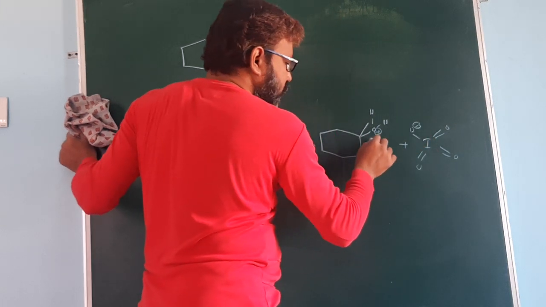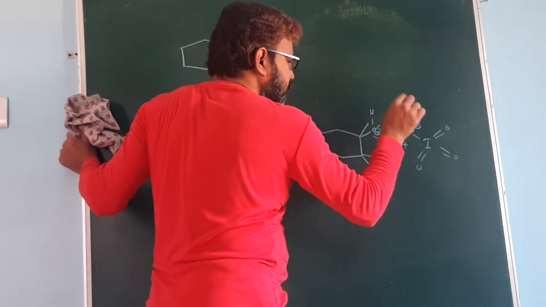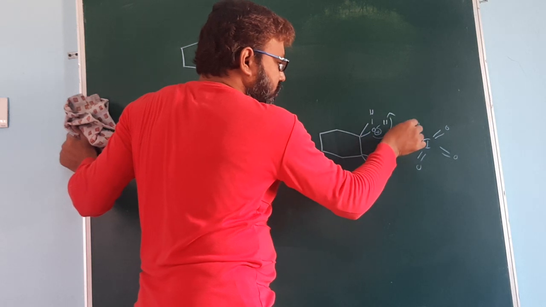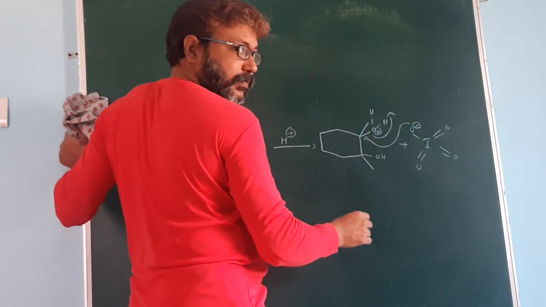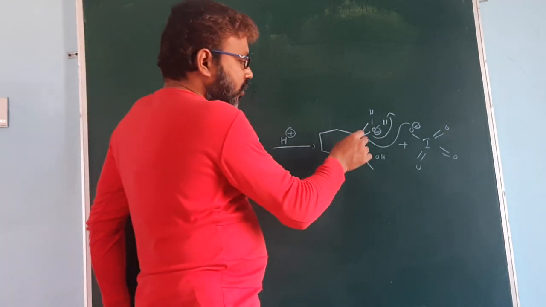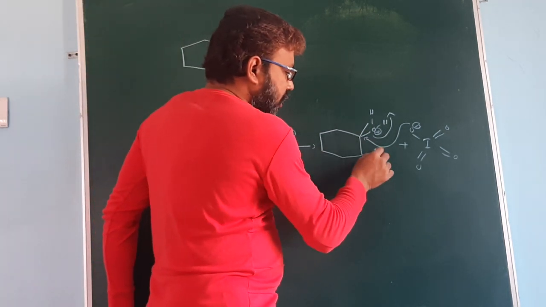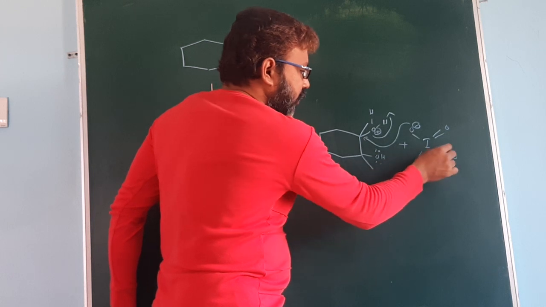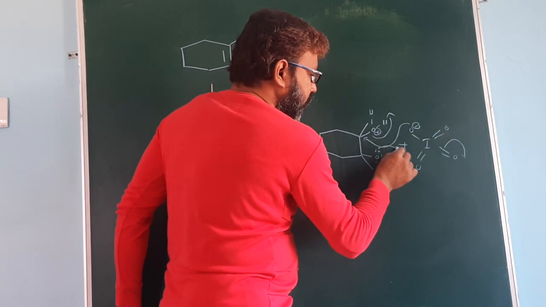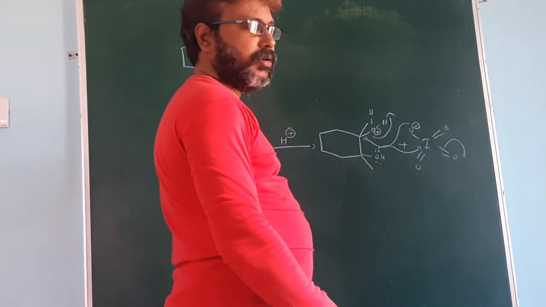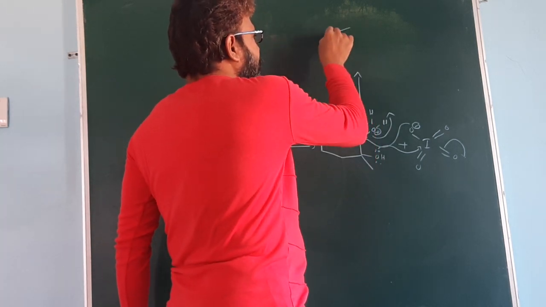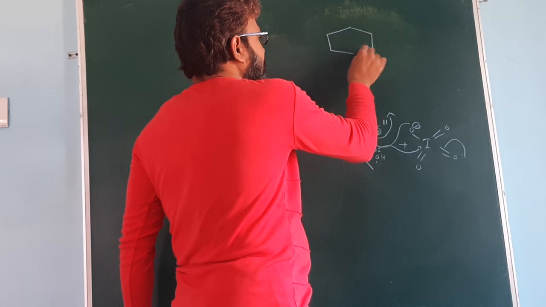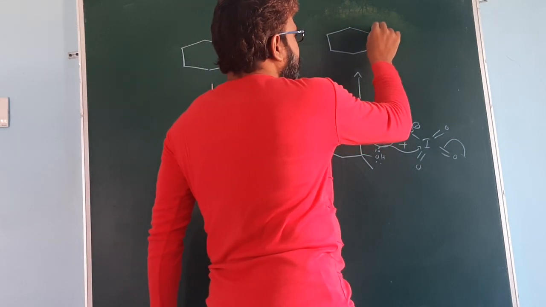So oxygen has positive charge, it is unstable. This bonded electron shifted here, it has positive charge. Oxygen donating the electrons to this carbon. Here oxygen has lone pair of electrons. This bonded electron shifted to here, donating the electrons to iodine. We get one cyclic intermediate.